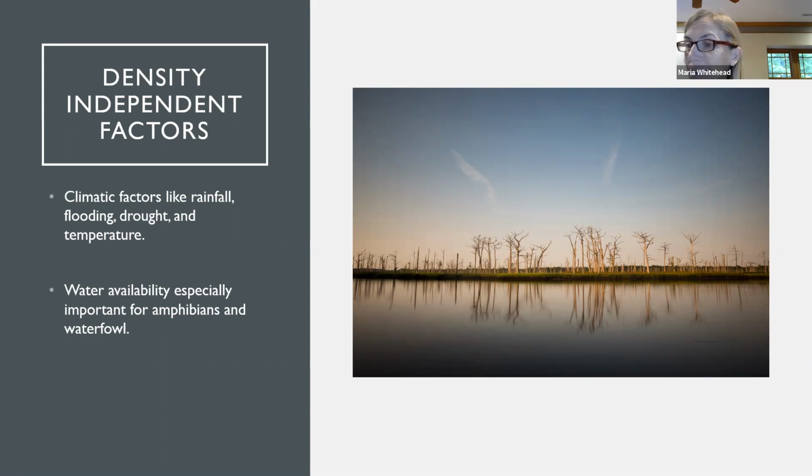A freeze that kills the buds of hardwood trees, oaks and hickories, and other mast-bearing trees might create hardship for the animals the following summer, fall, or winter. And of course, rainfall or the lack thereof can drastically affect reproductive success of amphibians and waterfowl, despite the number of individuals present.